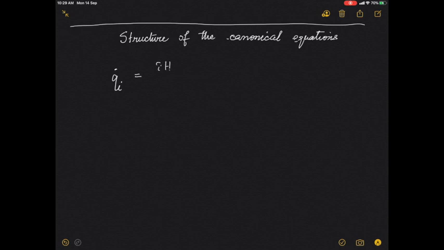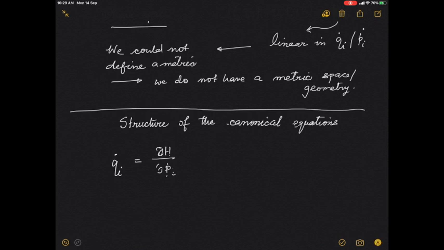So this is qi dot is given by ∂h/∂pi. I'll write the other equation.